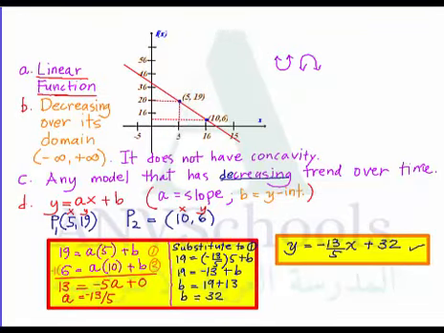In this confirmation, you could actually use your grapher to graph the function y is equal to negative 13 over 5x plus 32. But another way to solve that is to just create a system of axes for x and y. So this is your y and this is your x, and then get the x and y intercepts.